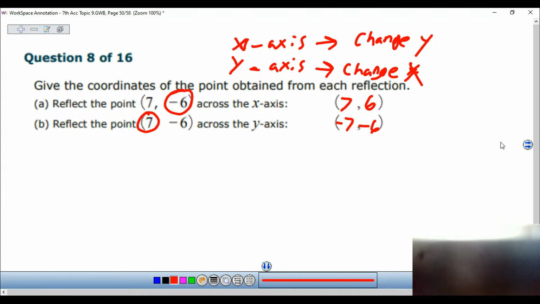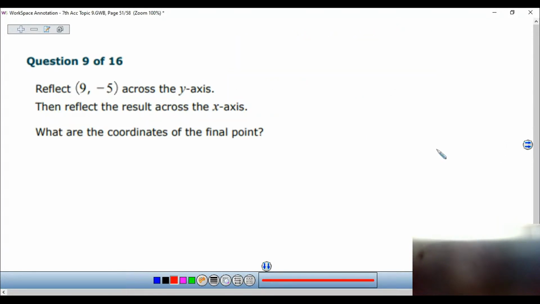Let's keep going. Number 9, we're reflecting the point 9, -5 across the y-axis first, then across the x-axis. So here's what we're going to do. We're going to write the original point right here. Now we're crossing the y-axis. So when we cross the y-axis, that means we're changing the x.